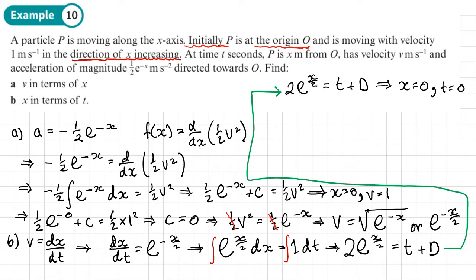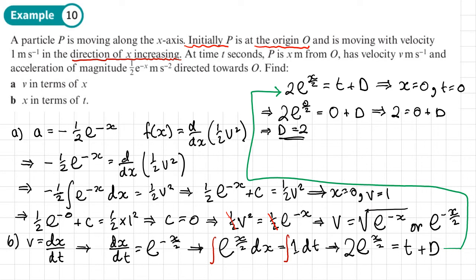We'll substitute those in. So I'll have 2e to the power 0 over 2. Remember, e to the power 0 is 1, so that's equal to t, which is 0, plus D. So we've basically got 2 is equal to 0 plus D, which gives us D equal to 2.